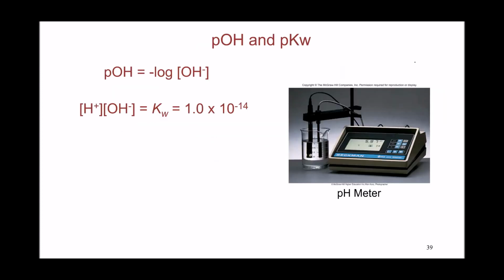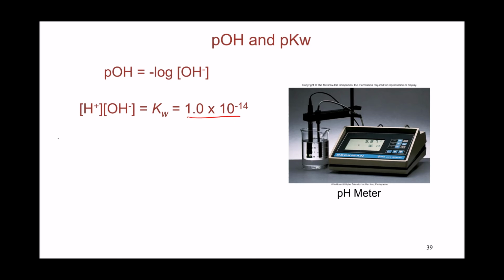And we can actually define a P function for the OH concentration in any solution to equal negative log of the hydroxide concentration in the solution. But the concentration of hydrogen times the concentration of hydroxide in any solution will equal this constant right here.